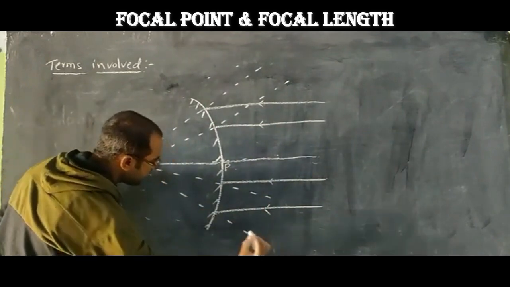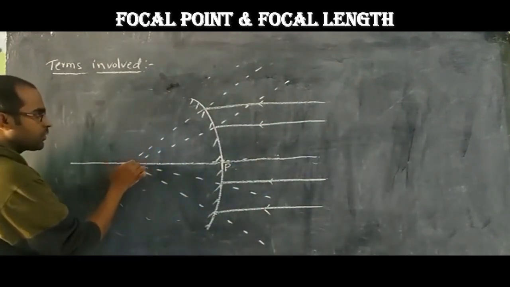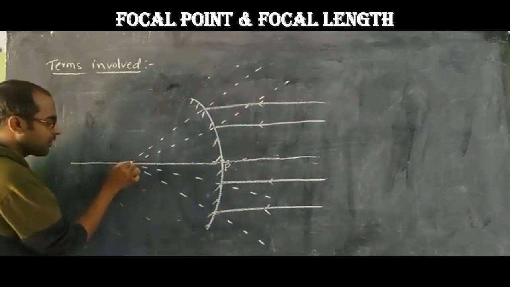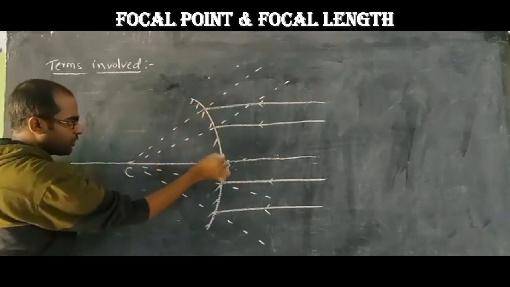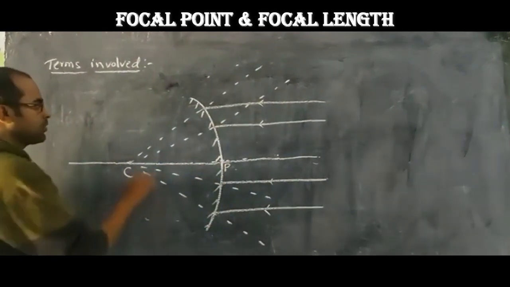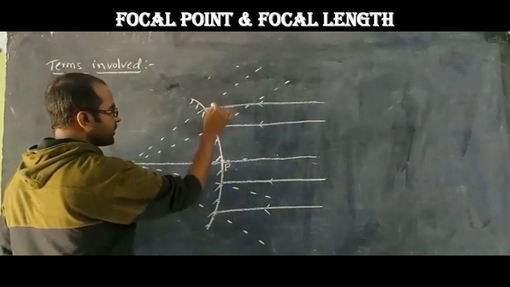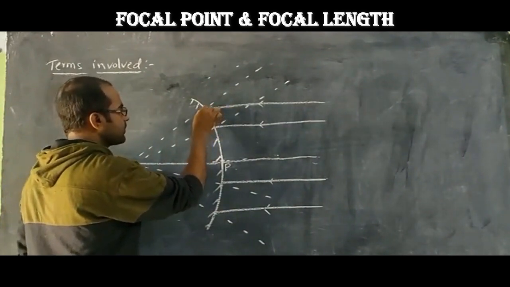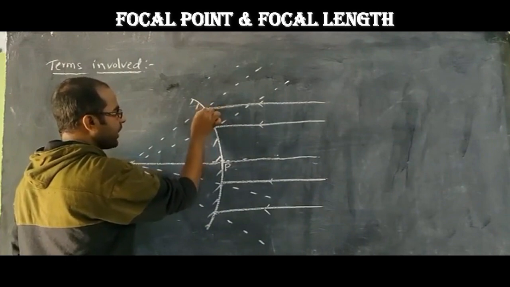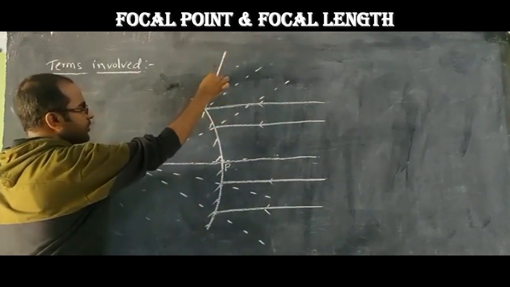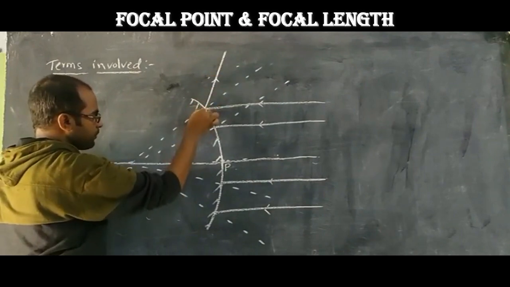One more time I am saying that a line drawn from the center of curvature to any point on the mirror acts as a normal. Here this is the angle of incidence, and the angle of reflection we have to take here, and it should be drawn in this manner. It is the divergent, reflected ray.